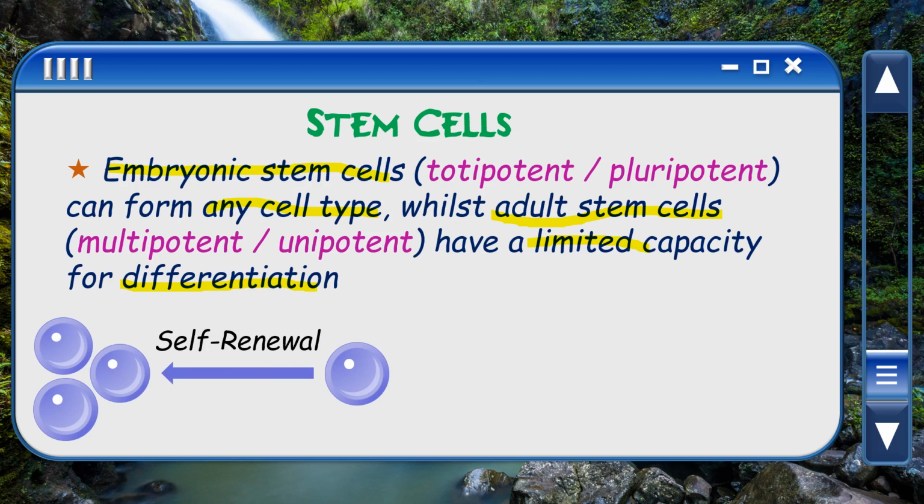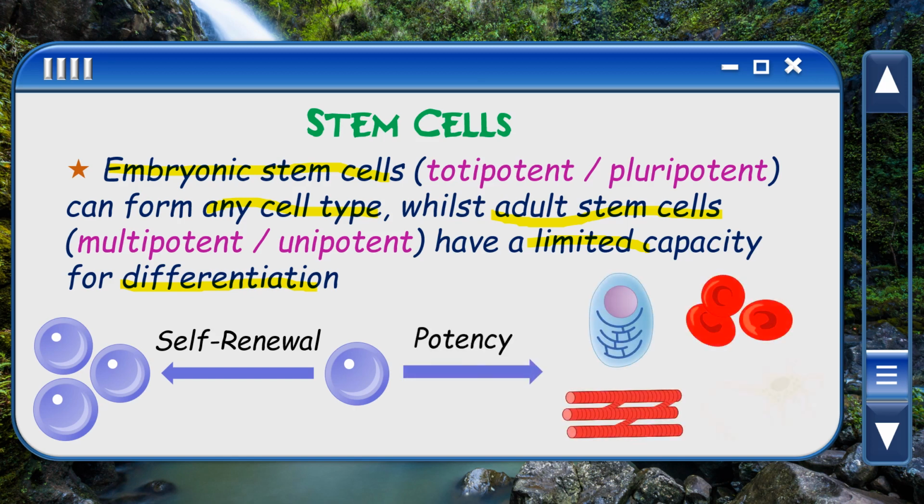Self-renewal means that they can continue to replicate and divide. Potency means that they can differentiate and turn into different cells. Those are the stem cells. You have a stem cell that can continue to renew itself, dividing and replicating, forming other stem cells.